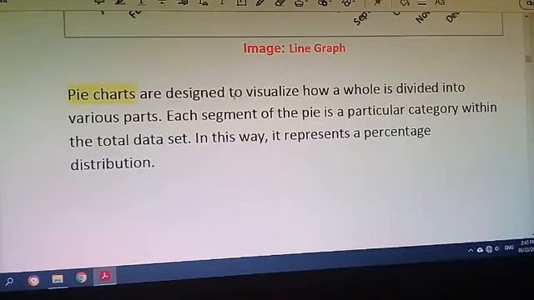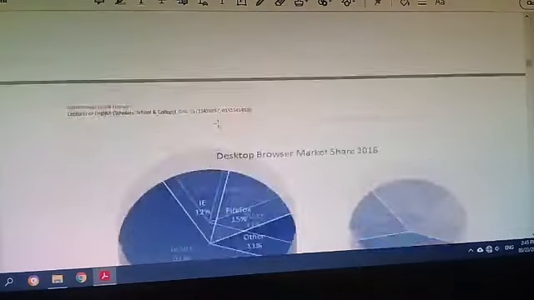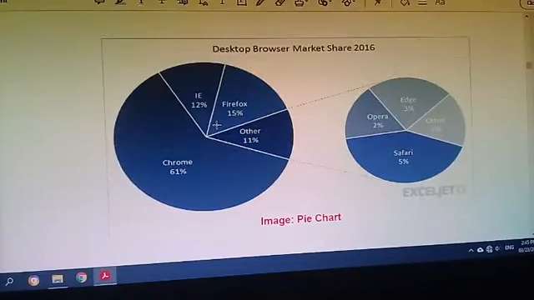Pie charts are designed to visualize how a whole is divided into various parts. Each segment of the pie is a particular category within the total data set. In this way, it represents a percentage distribution. Now here you can see an image of pie chart.